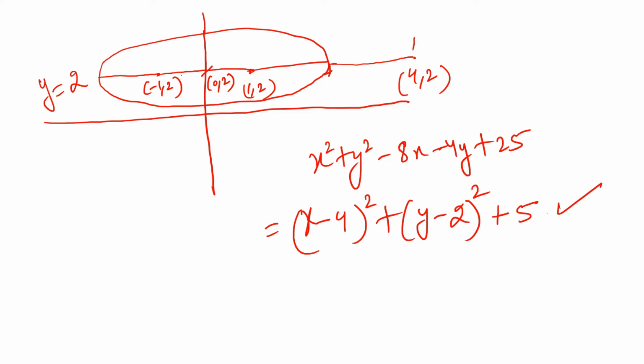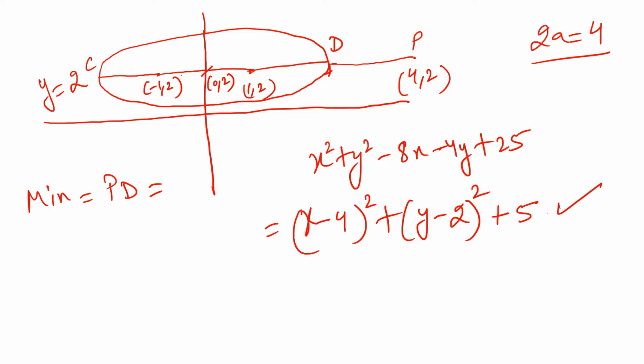Now, suppose this is the point P, let's say this is C, this is D. Then the minimum distance of the ellipse from the point (4, 2) is going to be PD. And PD is how much? Because we have already calculated the value of 2a as 4, and you must be knowing that 2a is the length of the major axis. Now this was (0, 2) as the center.